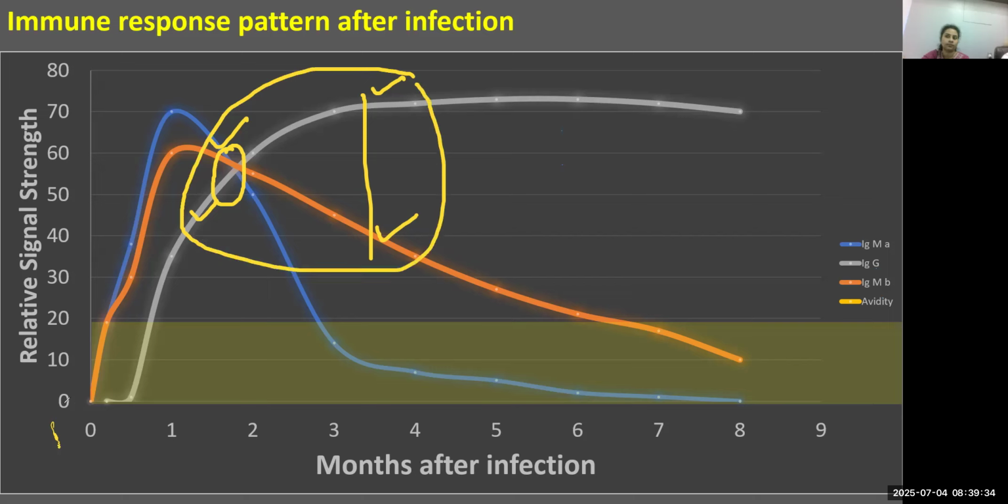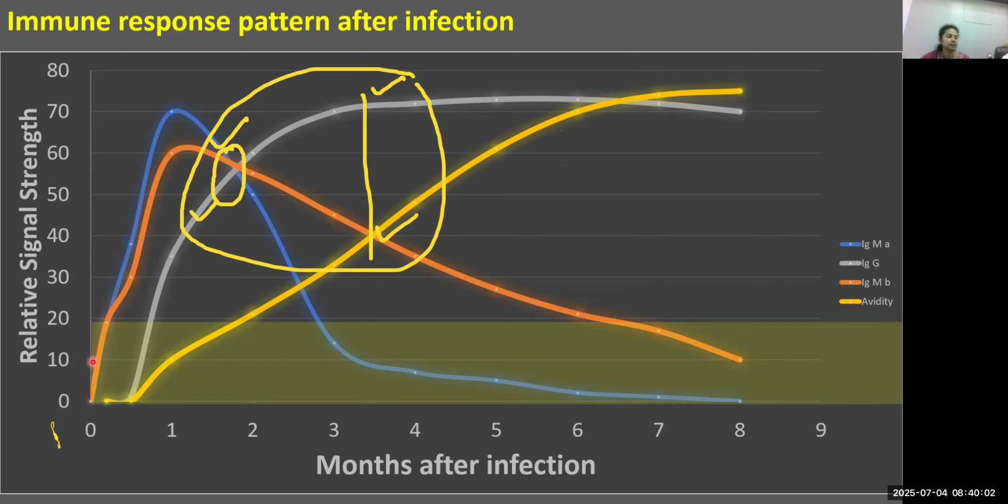In such a situation, the confusion should be cleared by looking for the avidity. Avidity is the maturation of IgG. The more time it has had to engage with the antigen, the more strongly it will bind with the antigen. So if you see more avidity, that means it's a remote infection.